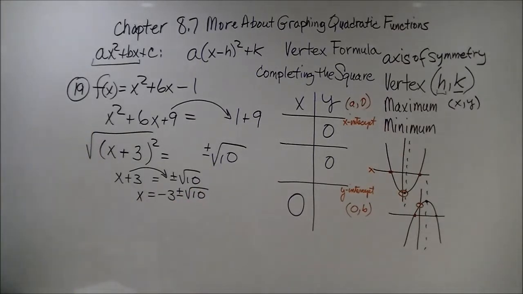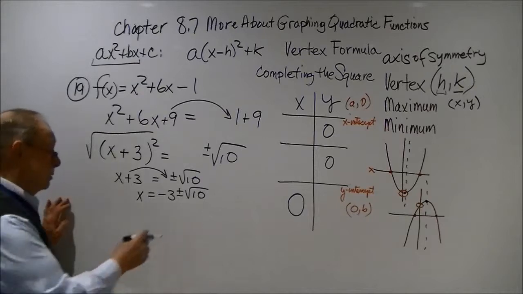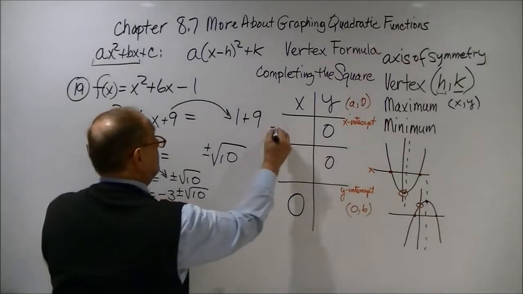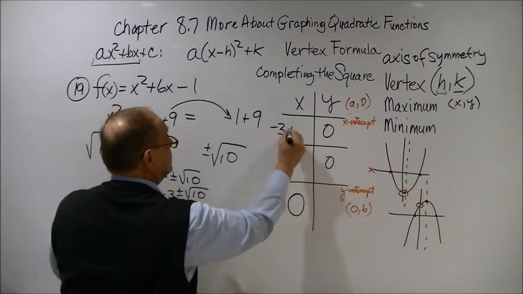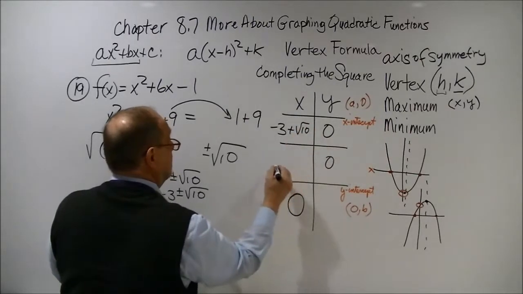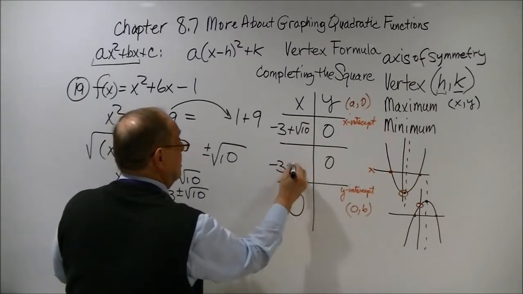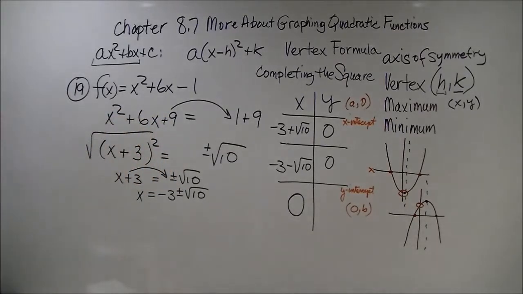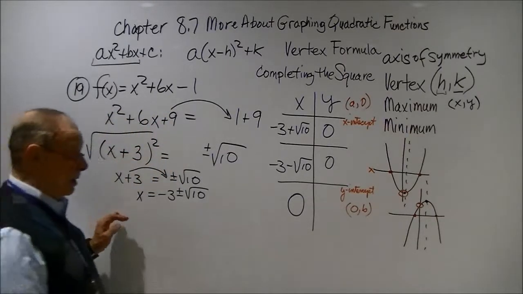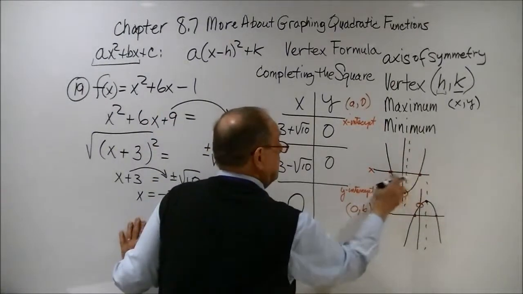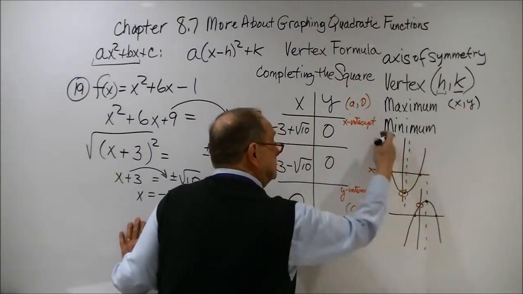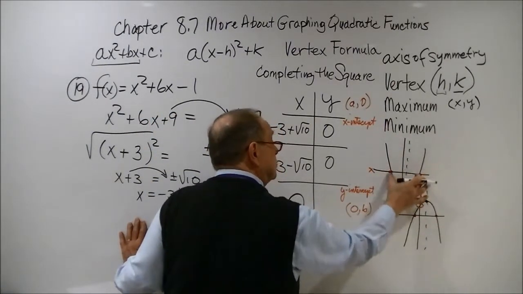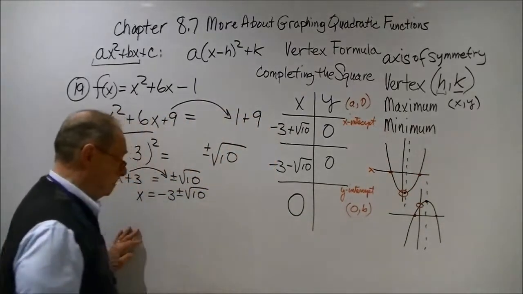And there are my answers. So we get 2. We get a negative 3 plus the square root of 10. We get a negative 3 minus the square root of 10. And those are our x-intercepts. It's where the parabola will cross the x-axis.